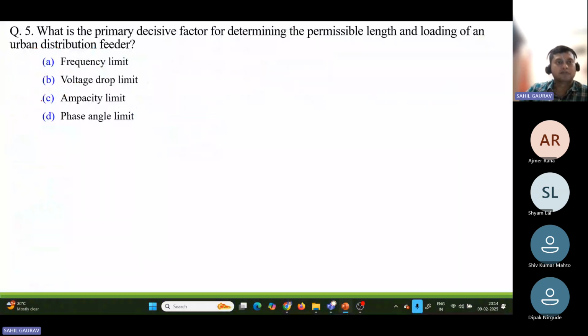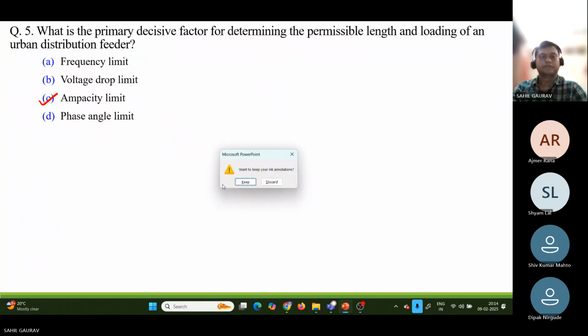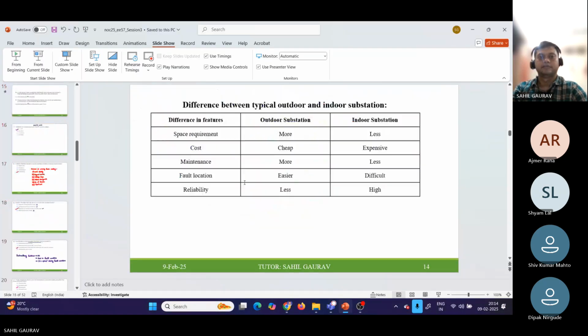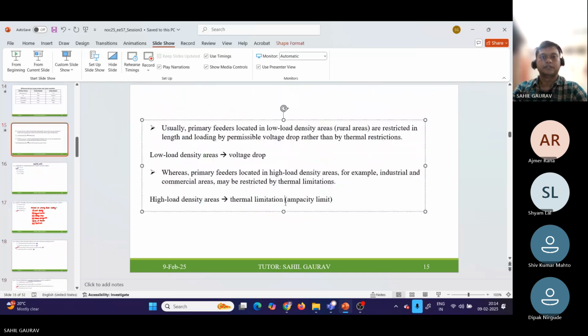For the urban distribution feeder, we consider the ampacity limit, not the voltage drop limit. I'm just copying this and pasting it over here.